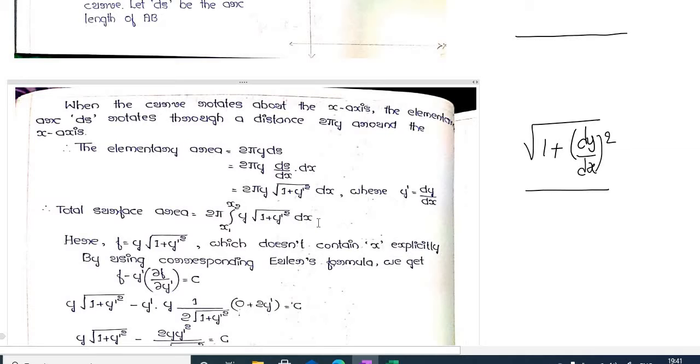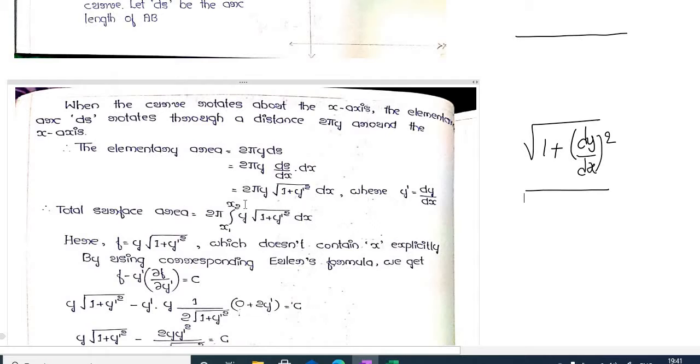Here f is y into root of 1 plus y dash square, which does not contain x explicitly, that means x is not appearing. By using the corresponding Euler's formula, we get f minus y dash dou f by dou y dash equal to c.